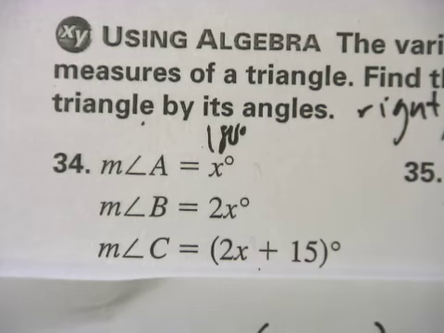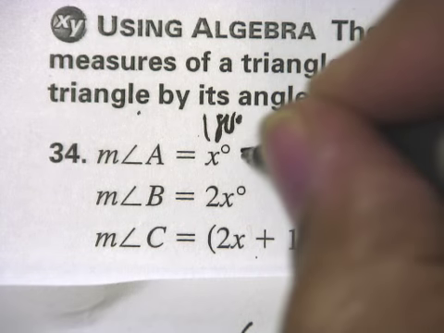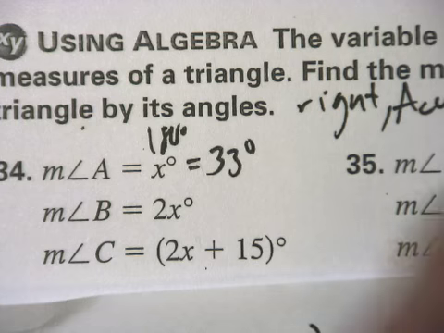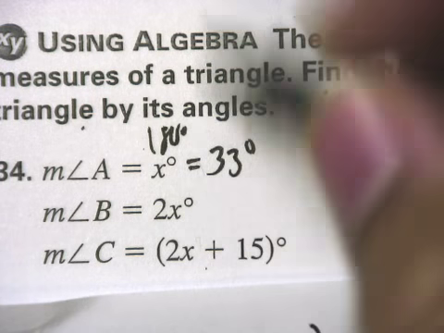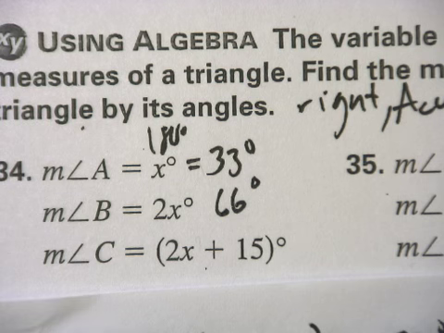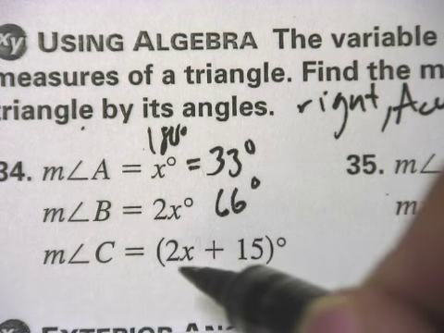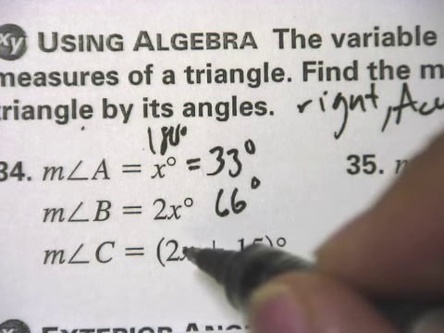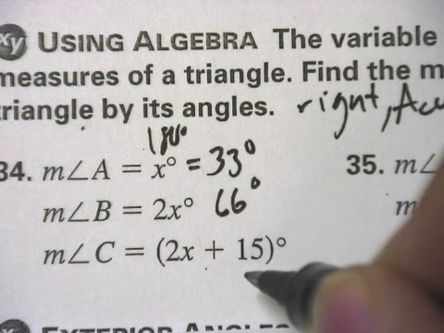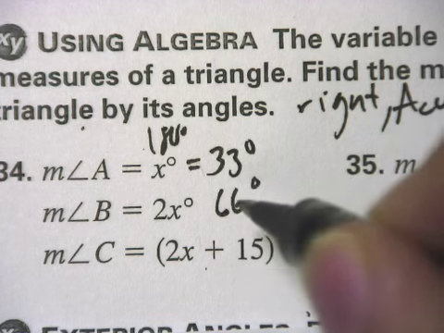Well, if x equals 33, then I know that angle A is going to be 33 degrees. Angle B is going to be 2 times 33, which is 66 degrees. And I know that angle 3 is going to be 2 times 33, which is 66, plus 15.